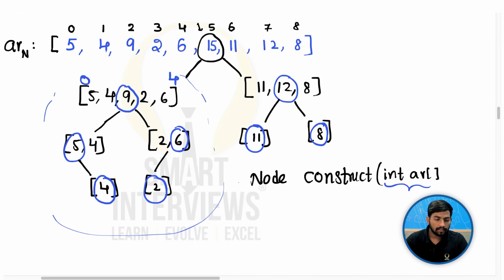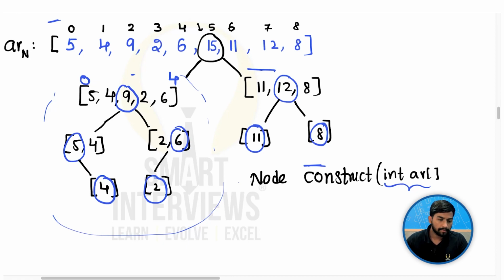So this is very similar to what we are doing with the entire array. So we can call the same construct function on the left subtree to construct the left subtree from the left part of the array. In the same way, we can call the construct function on the right part of the array to construct the right subtree.